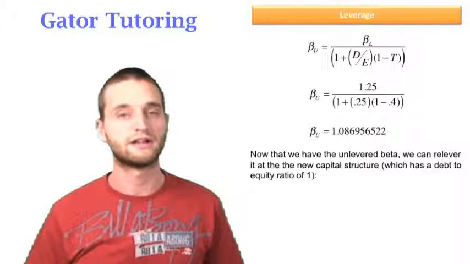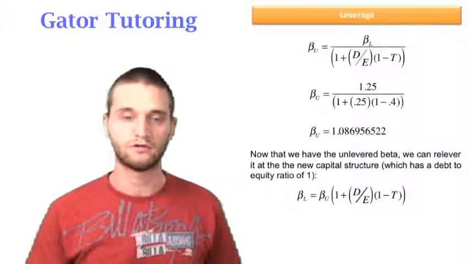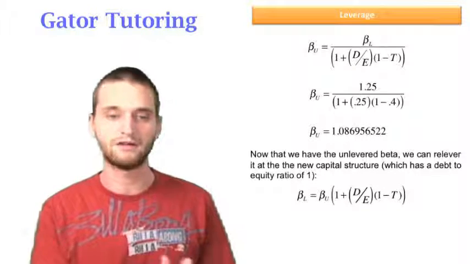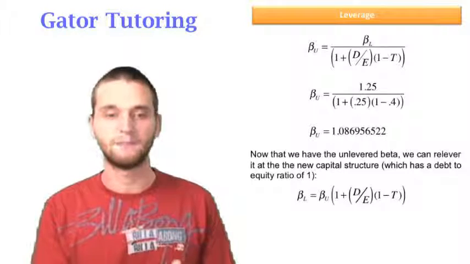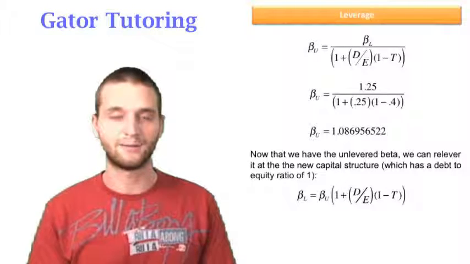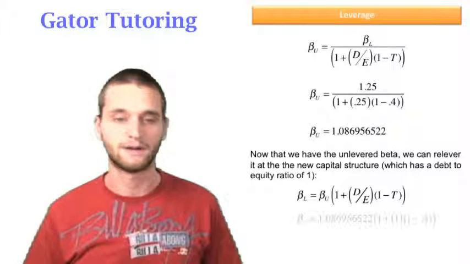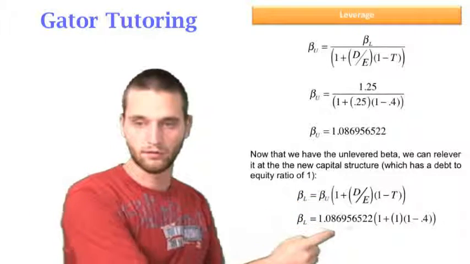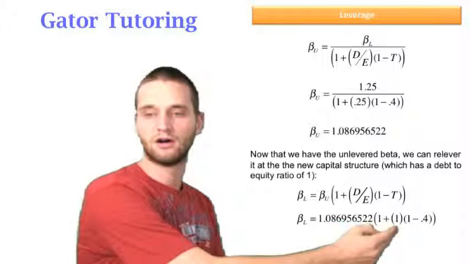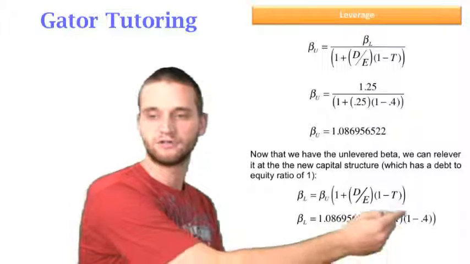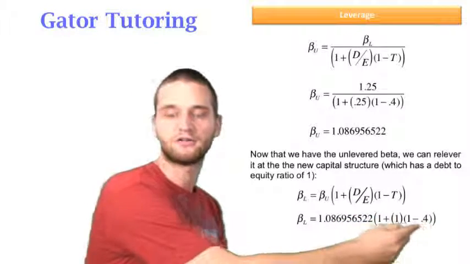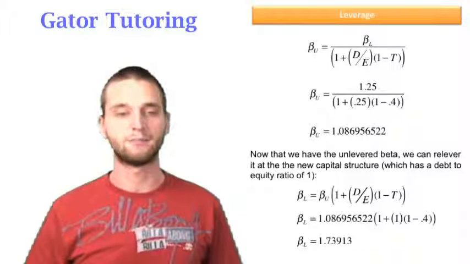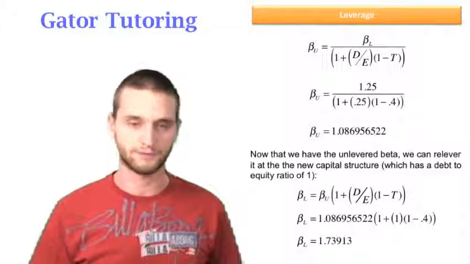Now we rearrange that equation and solve it for the levered beta, and we get this equation. The levered beta, beta sub L, is equal to the unlevered beta times 1 plus the debt to equity ratio times 1 minus the tax rate. We plug in our unlevered beta for this term right here. We plug in our new debt to equity ratio, which is 1, and then we plug in our tax rate of 40%, 0.4, and we find our new levered beta is 1.73913.